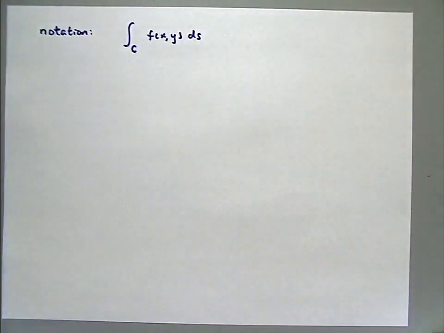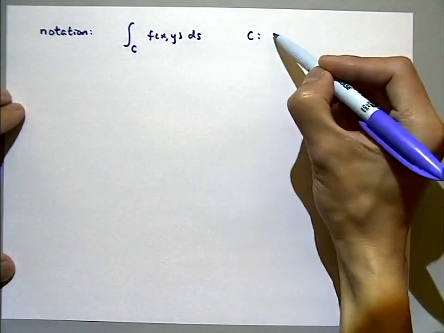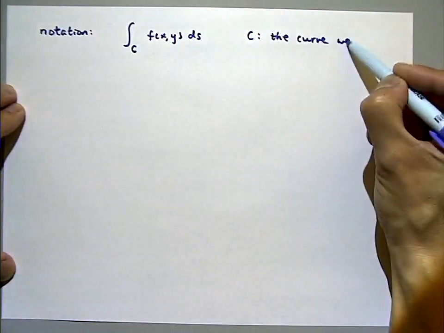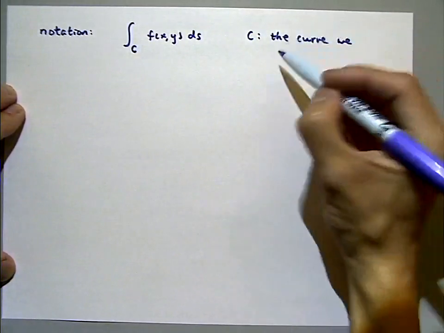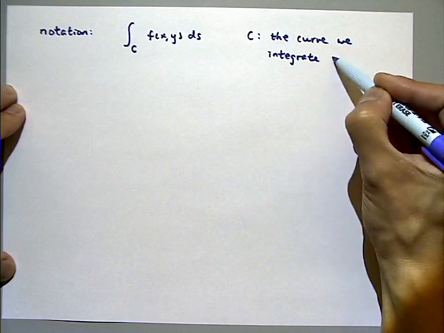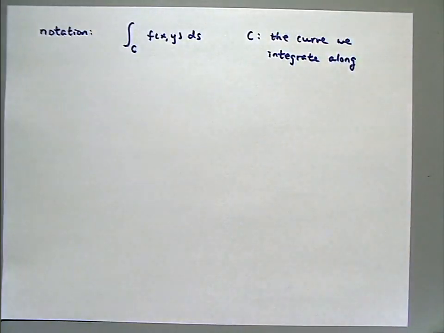You write an integral sign with a C at the foot of it, and this C here is the curve that we integrate along. Again, in the 2D world, that's simply the x or the y-axis, but now it can be just about any curve.